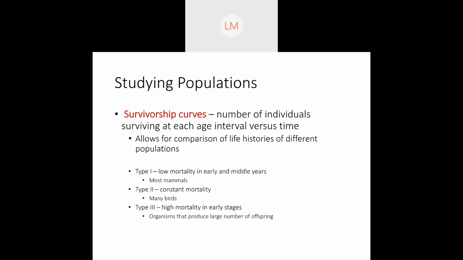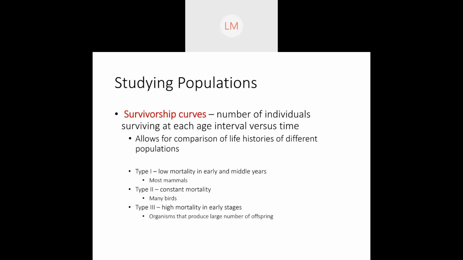Type 2 has a constant mortality, so you're just as likely to die as a young individual as you are an older individual, so this is constant mortality throughout life. And then type 3 is kind of the opposite of type 1. We have very, very high mortality in the early stages, but once you make it past a certain point, you've got a good chance of living for a lot longer.